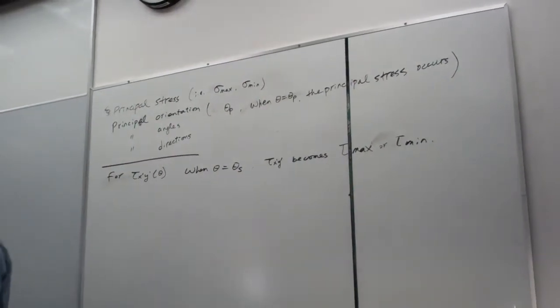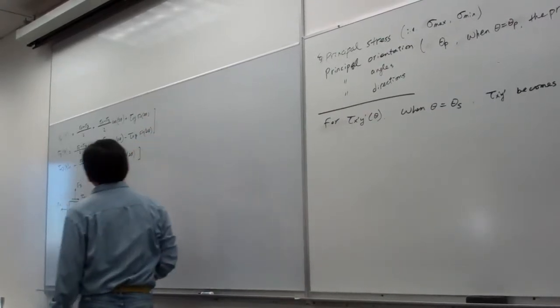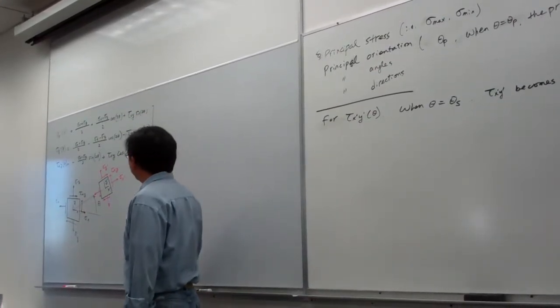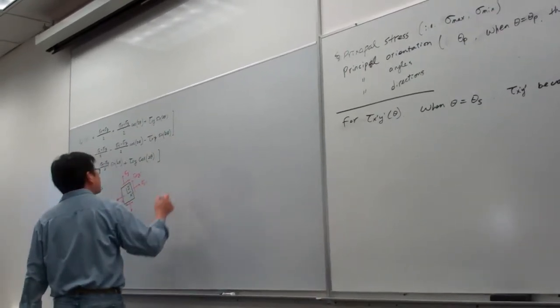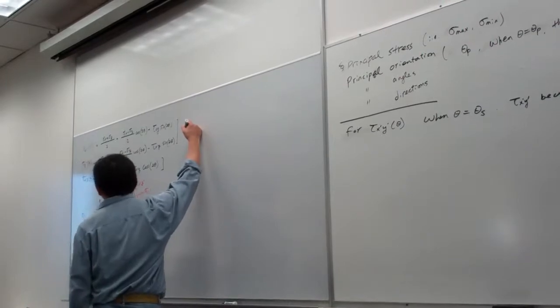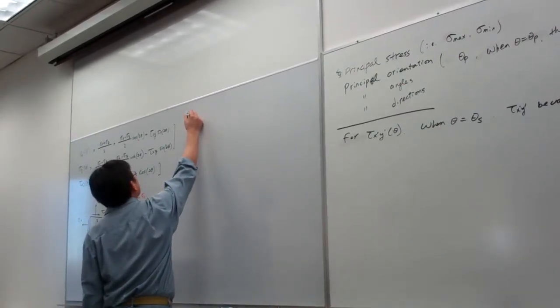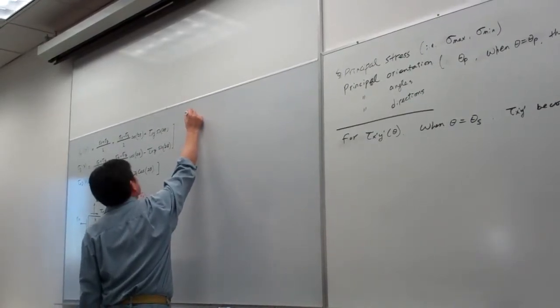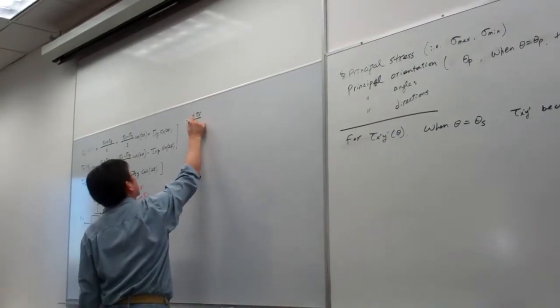So now what we're dealing with in mathematics is that we're looking to find the extreme values of the two functions. In our textbook, the method we use is this: we simply take the derivative of the functions with respect to theta.